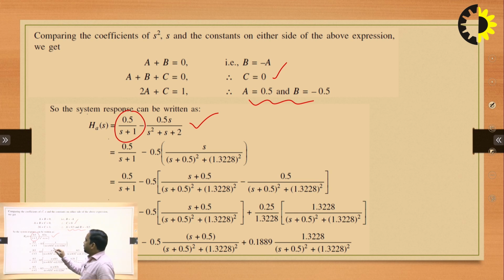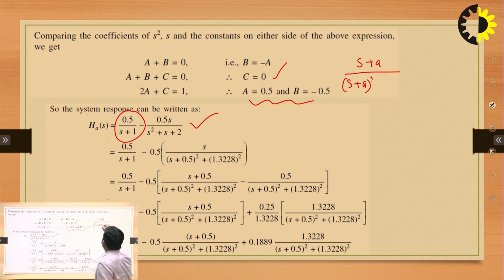Now I just want to utilize s plus a divided by s plus a whole square plus b square. So s plus 0.5, so I'll be adding 0.5 in the numerator. Also I'll be subtracting from the numerator, and s plus 0.5 divided by this minus 0.5 divided by this.